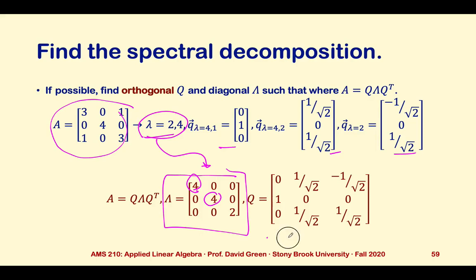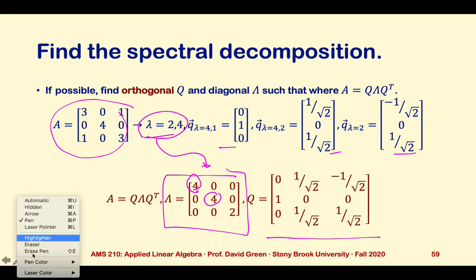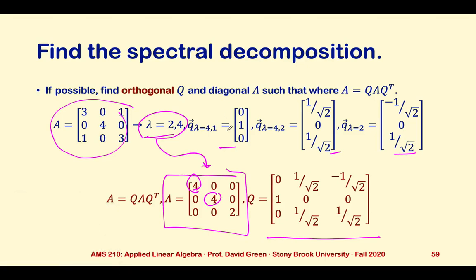We then construct Q using the eigenvectors that we have found, being sure that they match up appropriately. The way we've written this down has an eigenvalue of 4. That means we need to take one of the corresponding eigenvectors and put it in this position. We had put a 4 here.